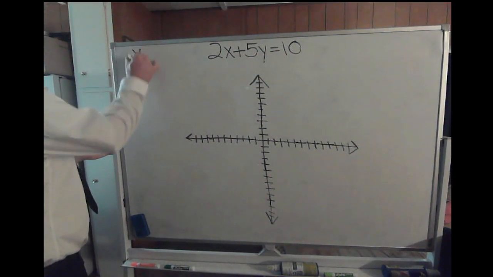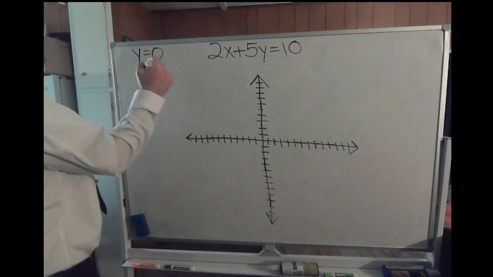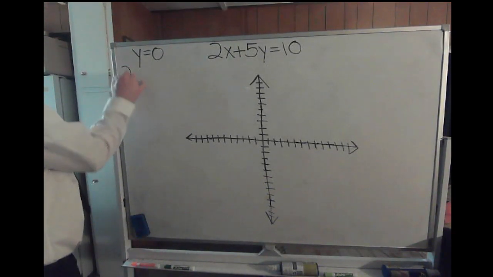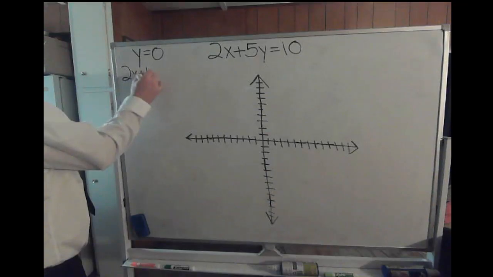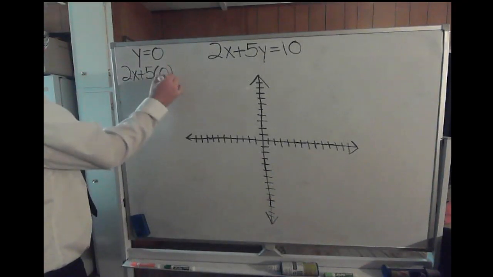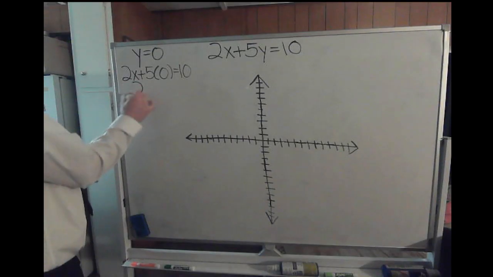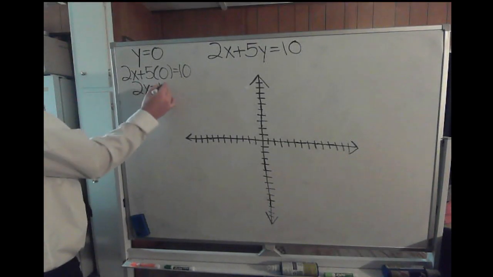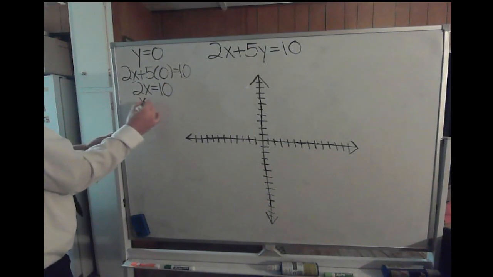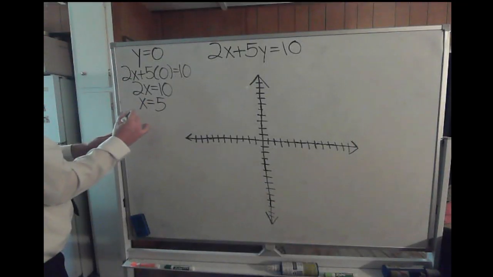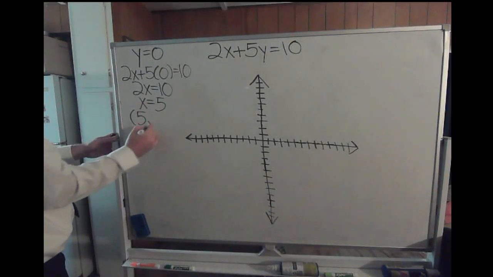So when y equals 0, you'll plug that into your equation. You'll have 2x plus 5 times 0 equal to 10. Well, 5 times 0 is 0. You'll just get 2x equals 10, which would have to mean x equals 5. So therefore, you get the ordered pair 5, 0.